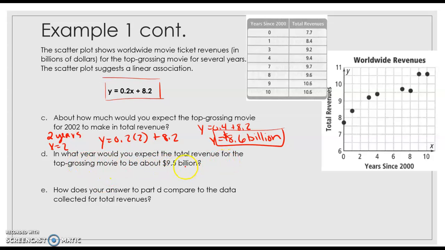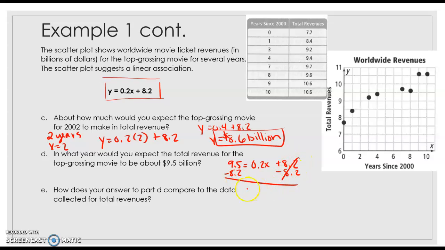All right, so in what year would you expect the total revenue for the top grossing movie to be about 9.5 billion? Well, money is our y, so I'm going to plug 9.5 in for y in y equals 0.2x plus 8.2. So I'm going to subtract 8.2 from 9.5 because this is solving equations.